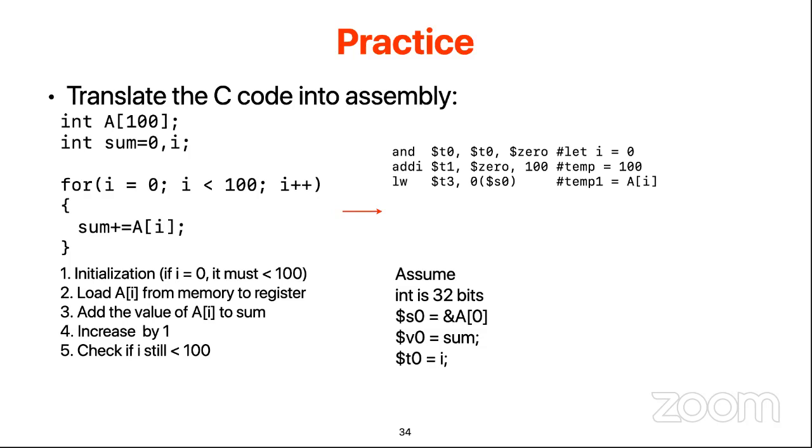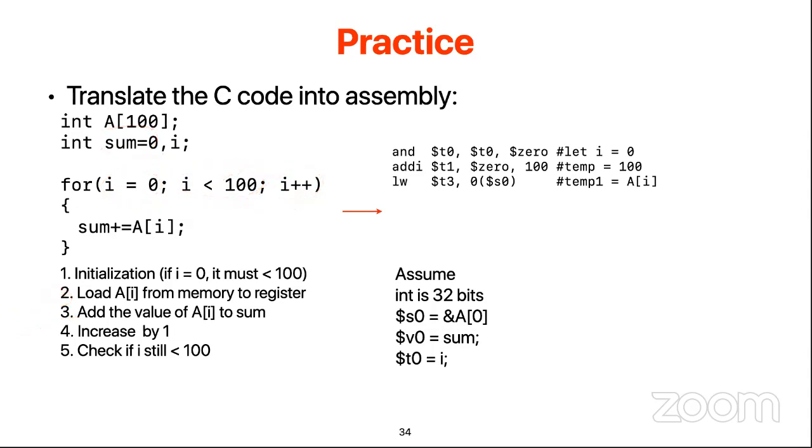So that's why here we directly go into the load to perform the second test, load A0 into the register. S0 stores the base address of A0, so S0 plus 0 will give you the address of A0 and load it into register T3.